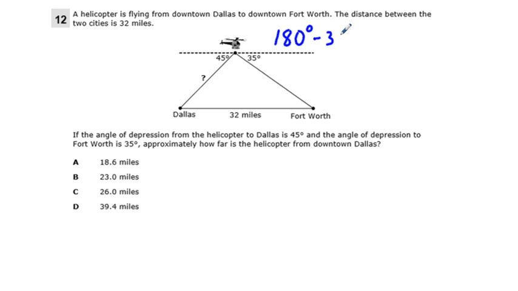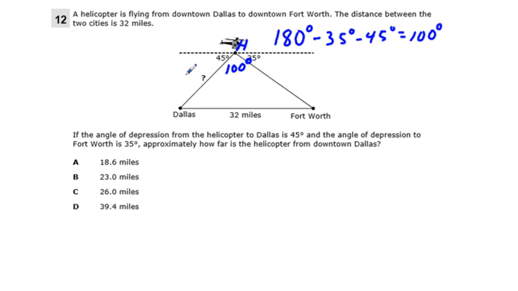So if we subtract 35 degrees and 45 degrees from 180 degrees, we're going to get 100 degrees. So 100 degrees is this angle right here.